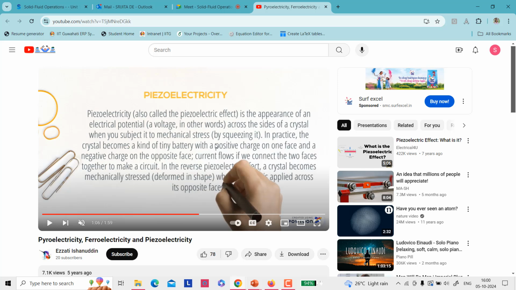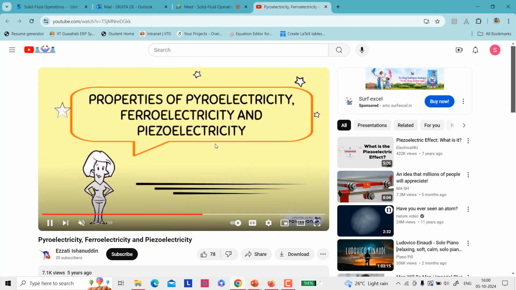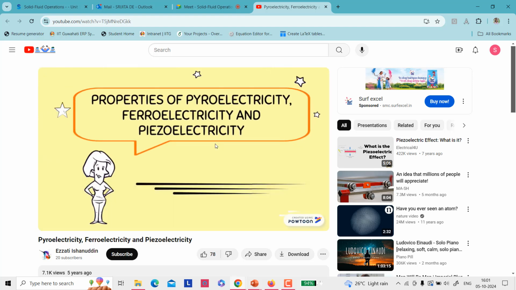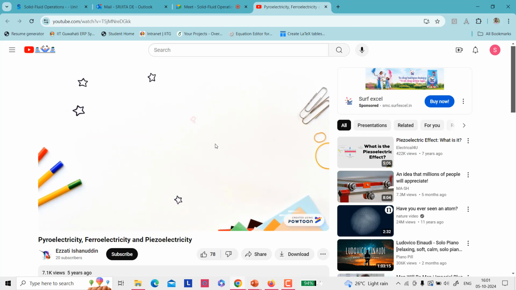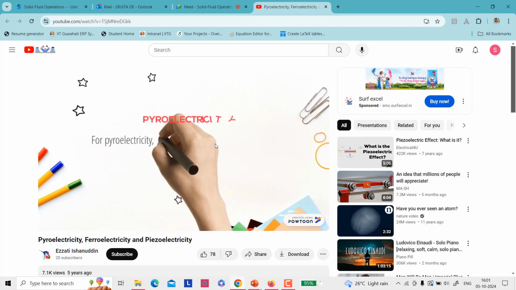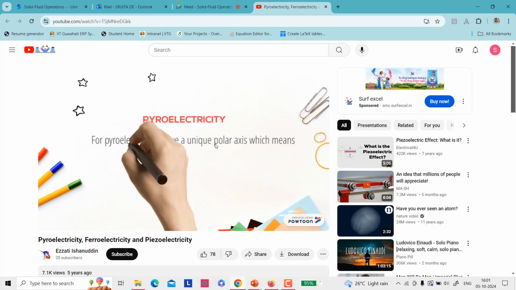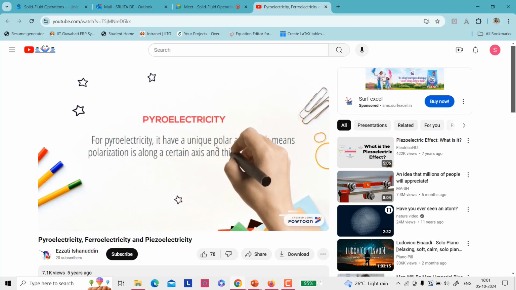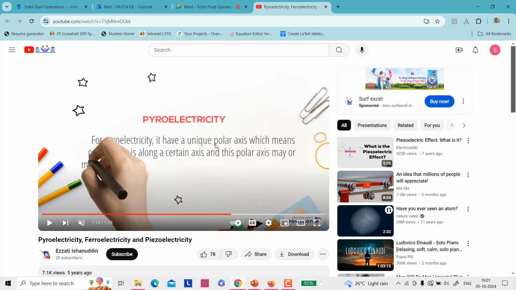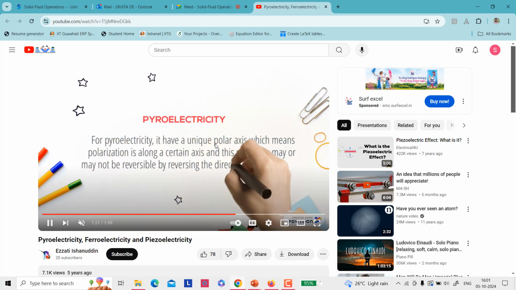Pyroelectrics have a unique polar axis, which means polarization is along a certain axis, and this polar axis may or may not be reversible by reversing the direction of the applied field. Pyroelectrics also exhibit non-centrosymmetry. Ferroelectric materials can be easily polarized even by a very weak electric field, and these materials have spontaneous polarization.